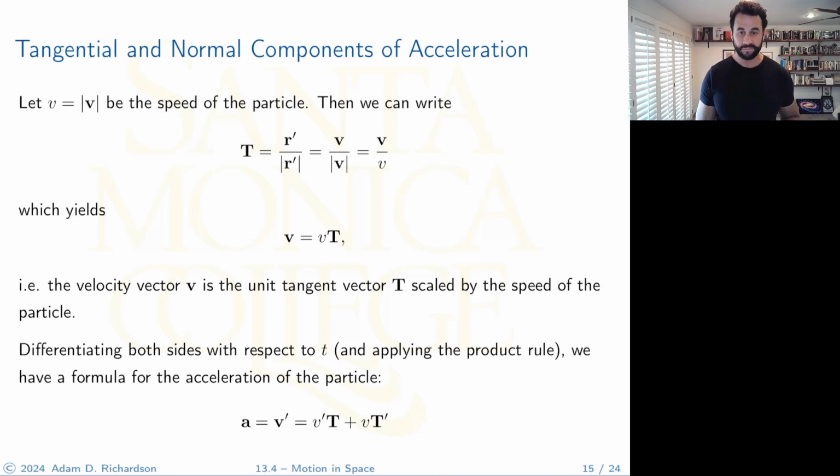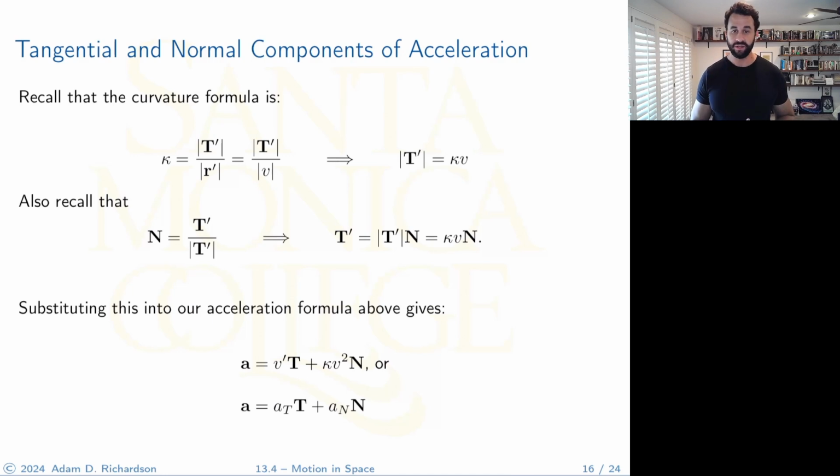Right. Now we're going to bring some other things into it and recall some stuff that we learned in the previous section, that really long one. So remember from section 13.3, the curvature formula is given by this right here. Kappa is the length of T prime over the length of r prime.